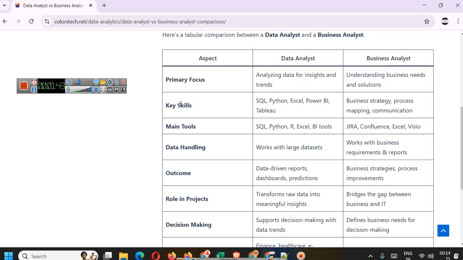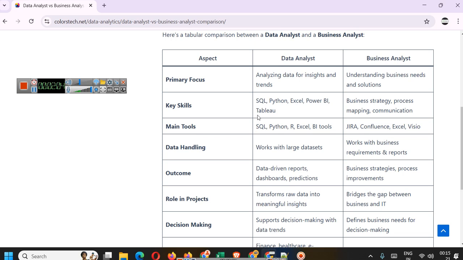Then comes key skills. So key skills required for a data analyst are SQL, Python, Excel, Power BI, Tableau, and similar tools. For a business analyst, they must have key skills like business strategy, process mapping, communication, etc.